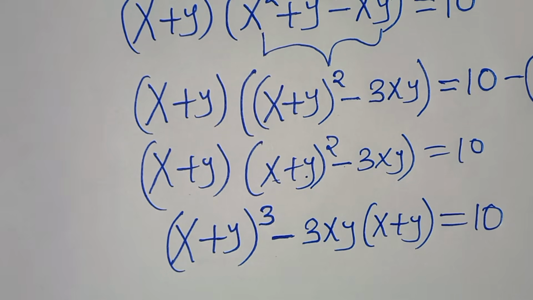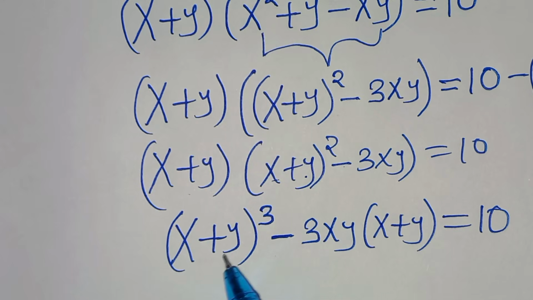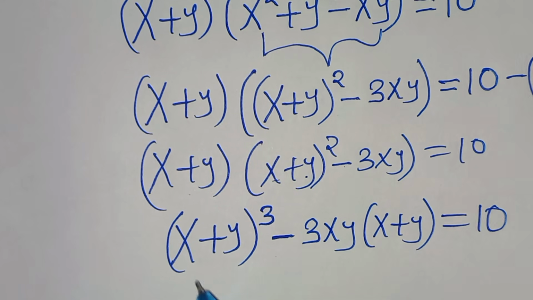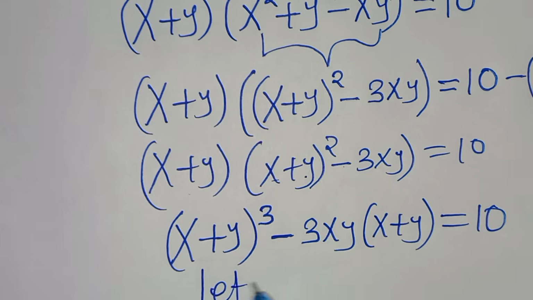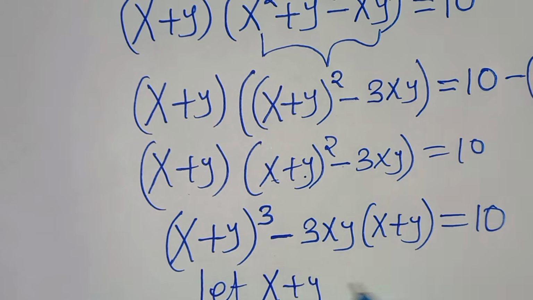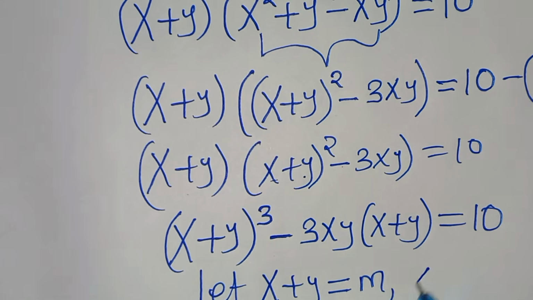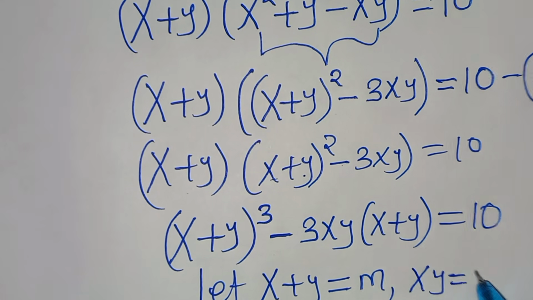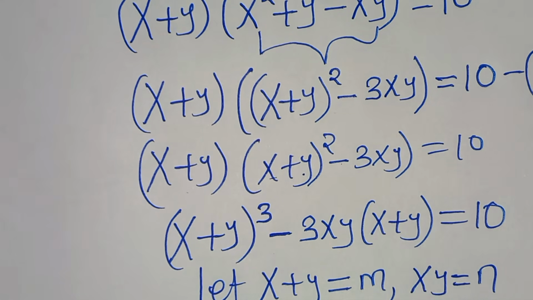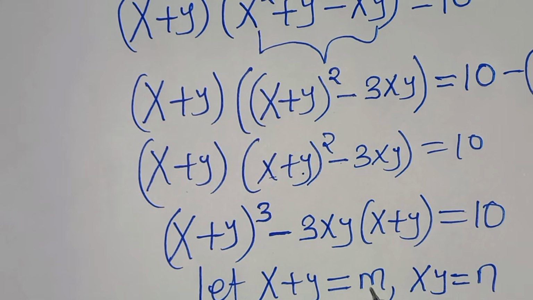Now, the next step is that we have here x plus y and xy. So we can let x plus y be equal to m, and we can let xy be equal to n. So we can express these equations in terms of m and n.